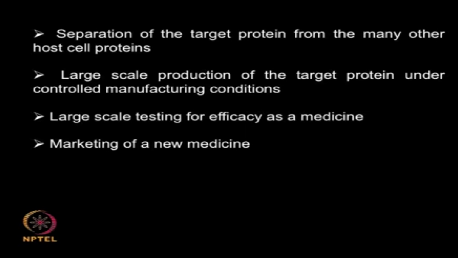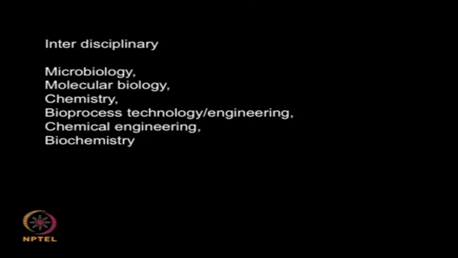And then of course once you are happy with the whole thing, you go into marketing of a new medicine. So all these factors need to be considered when you are thinking about a therapeutic protein moving from the lab to the semi-technical scale, or moving from semi-technical to full scale commercial manufacturing scale.